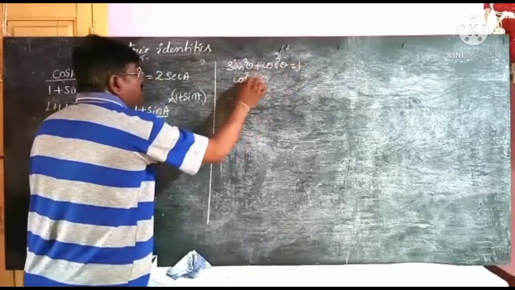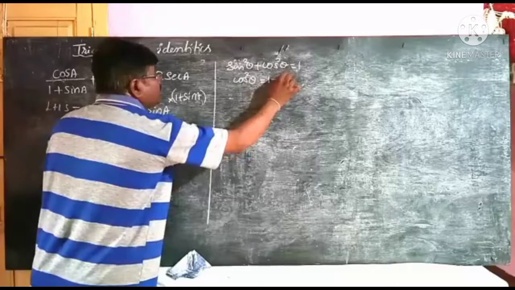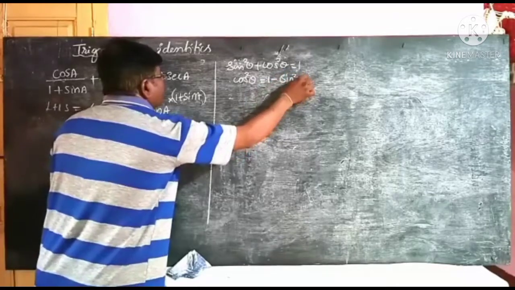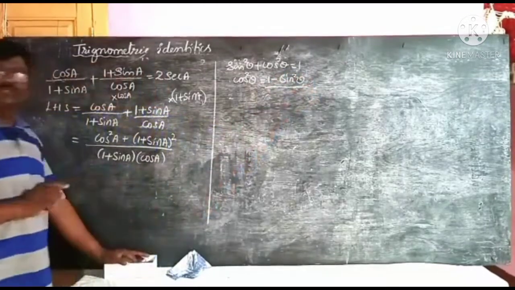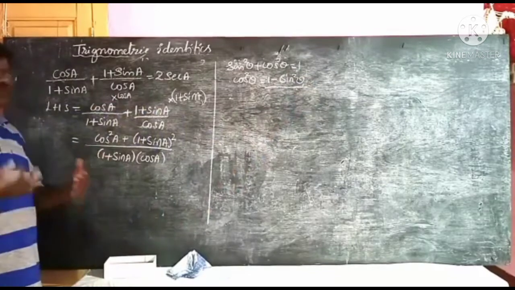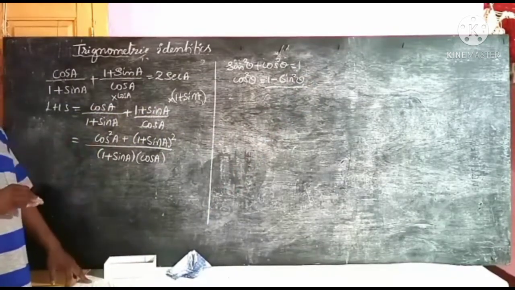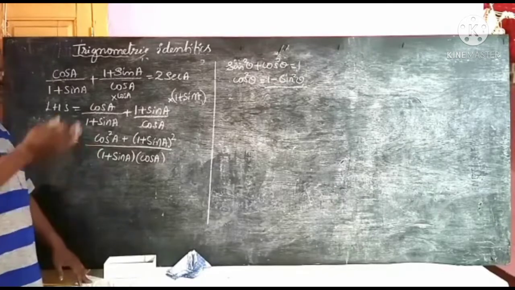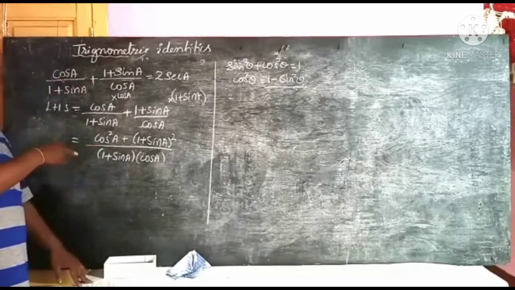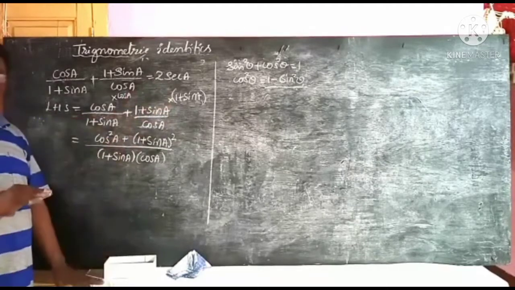So cos square theta can be written as 1 minus sin square theta. You can use cos square theta as 1 minus sin square theta. If you apply those trigonometric identities, you must obtain the answer in secant A.